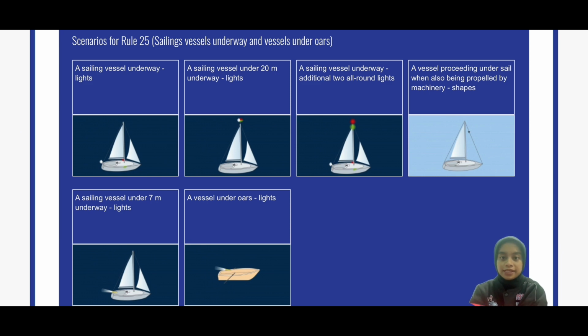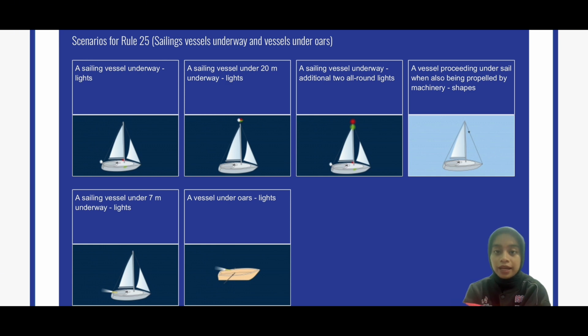A sailing vessel underway may, in addition to the lights prescribed in paragraph A of this rule, exhibit at or near the top of the mast where they can best be seen two all-round lights in a vertical line, the upper being red and the lower green.